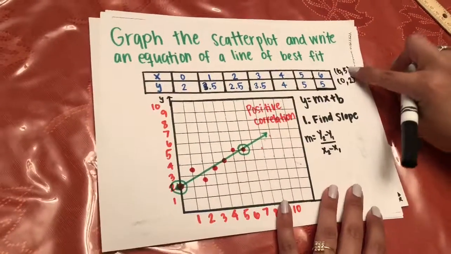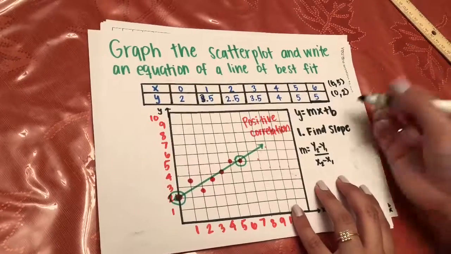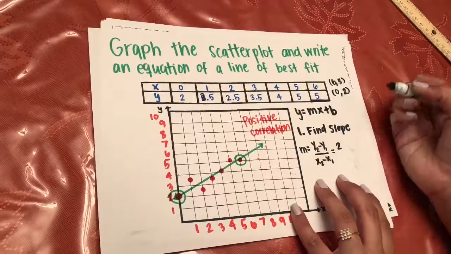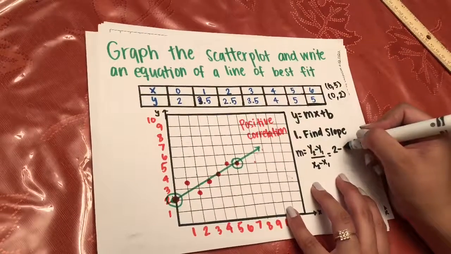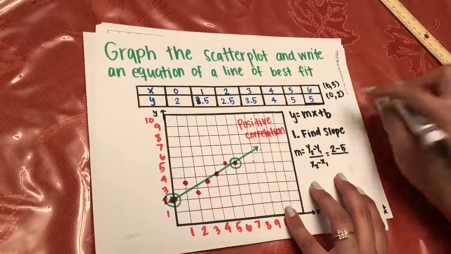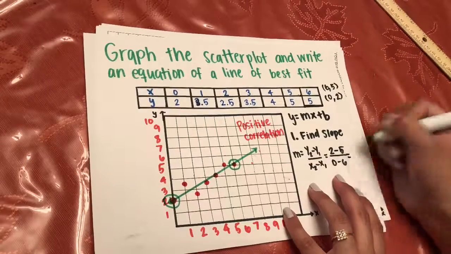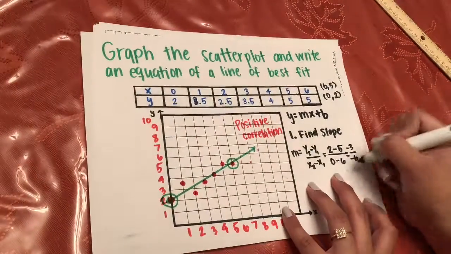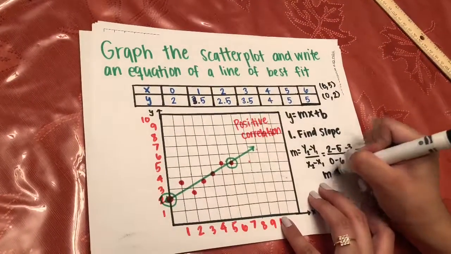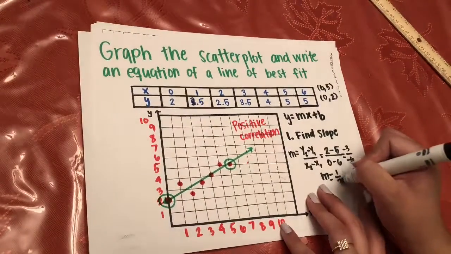So those are the points that I chose on my line. So my y2, this is going to be my y2. So 2 minus 5 over 0 minus 6. And that's going to leave me with negative 3 over negative 6. And we know that negative 3 over negative 6 simplifies to 1/2.